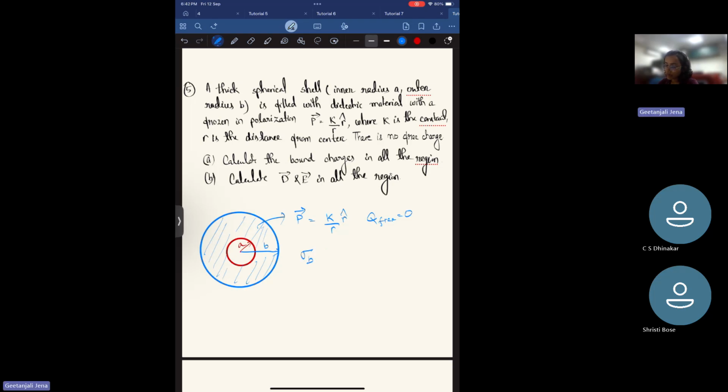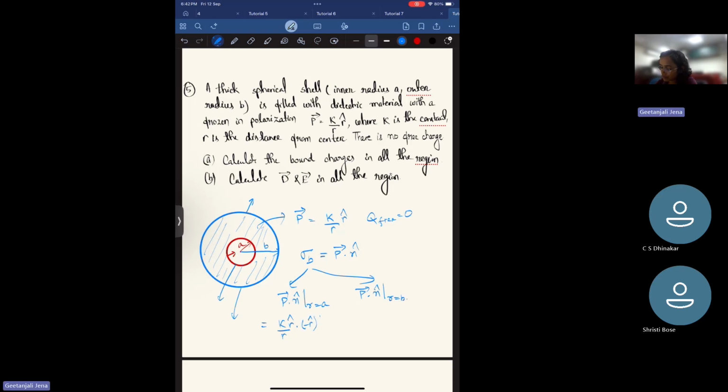So for now, sigma b, it is because it is both inner surface as well as outer surface. So this has two contributions. One is P dot n̂ at r equal to A, and another one is P dot n̂ at r equal to B. P is K by r r̂. For the inner one, it is negative r̂ in this direction, and for the outer one, it is positive r̂.